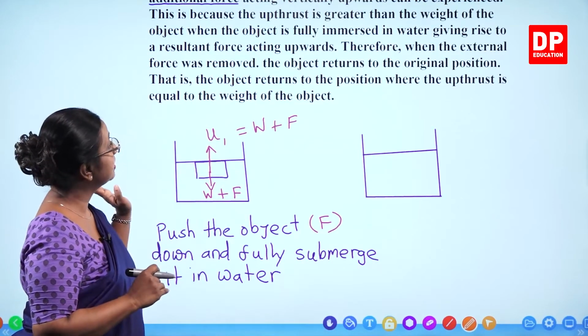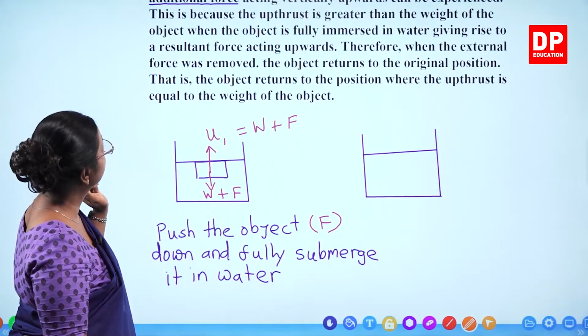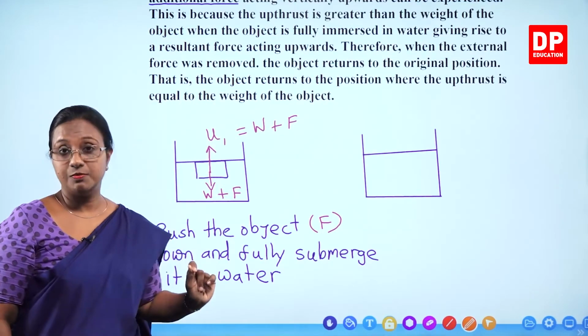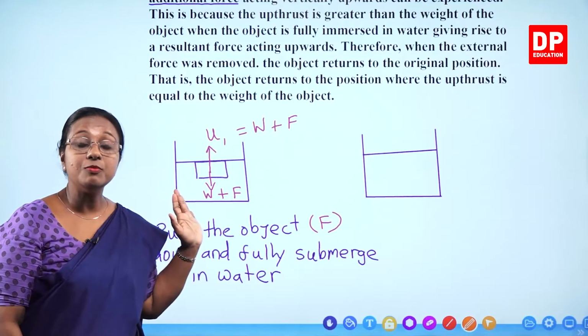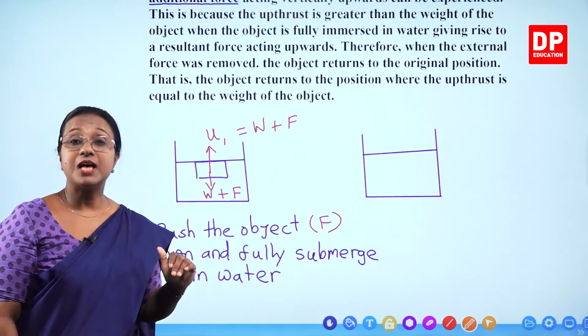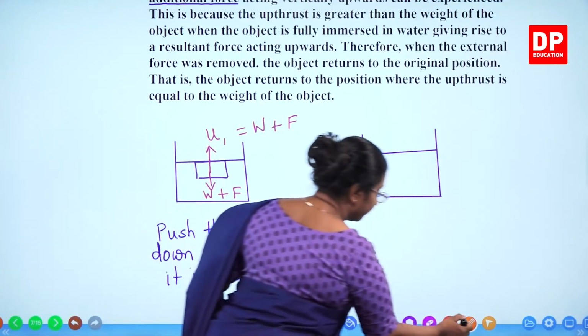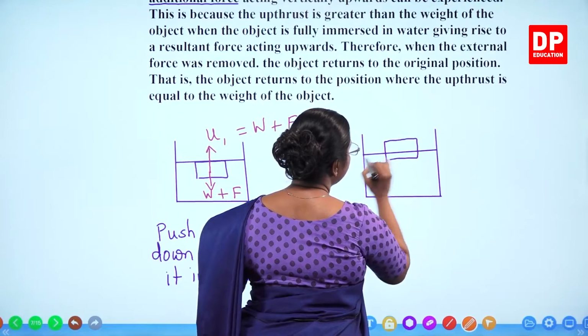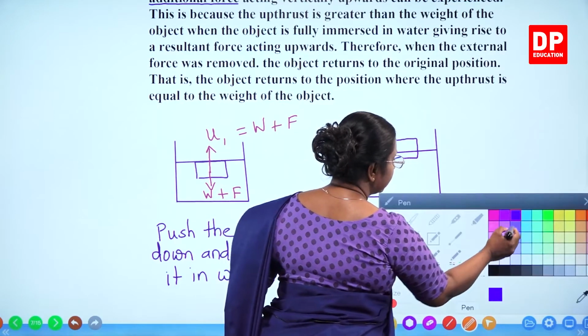When you release the push, that is what they have told there. Therefore, when the external force was removed. So now let's say we remove the external force. What happens there? The object comes up again. Why is that? The object comes up like that. This is the reason.